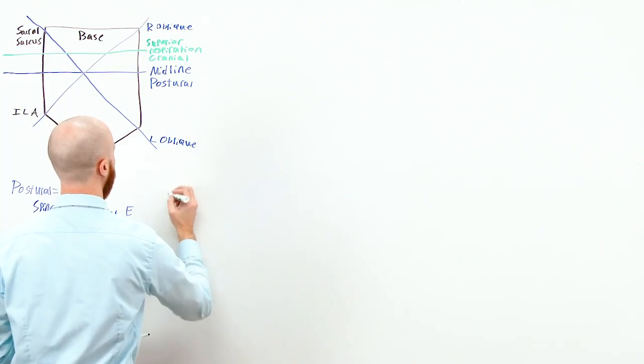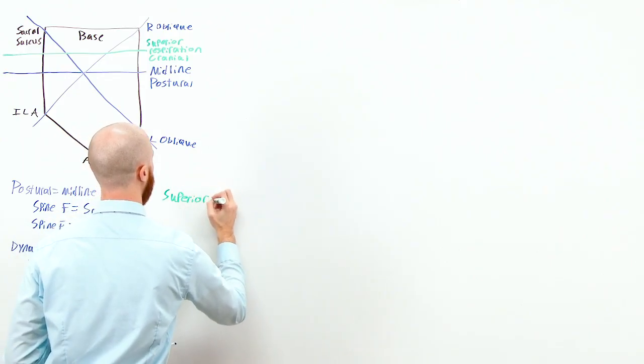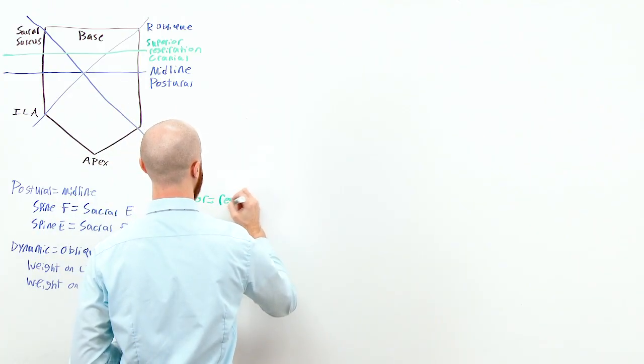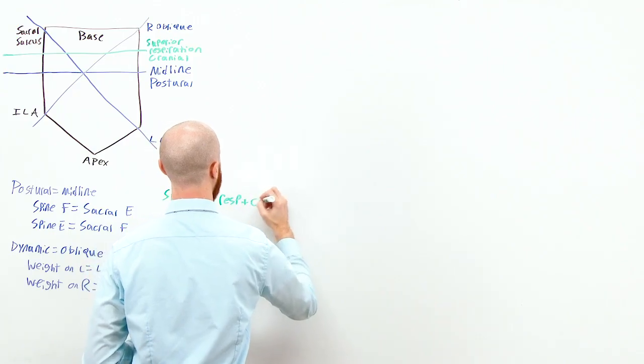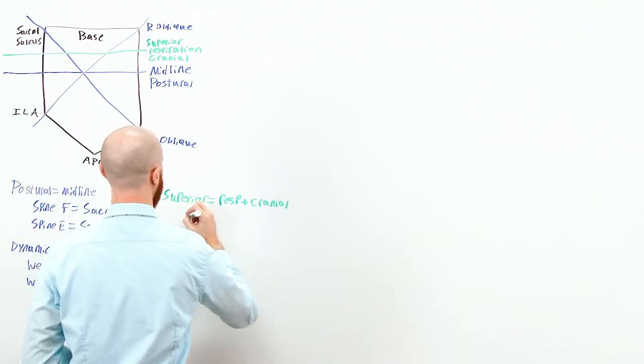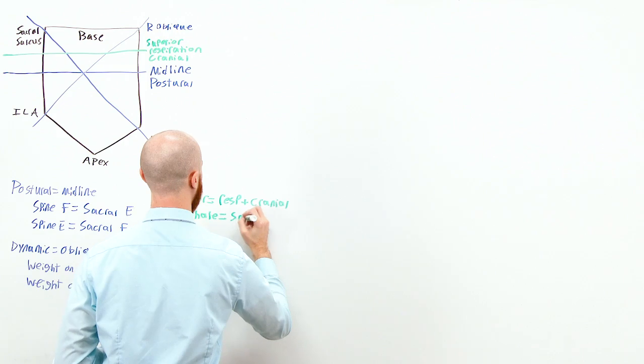So writing that out, superior axis is for respiration and cranial. Inhale means that the sacrum will go into extension.